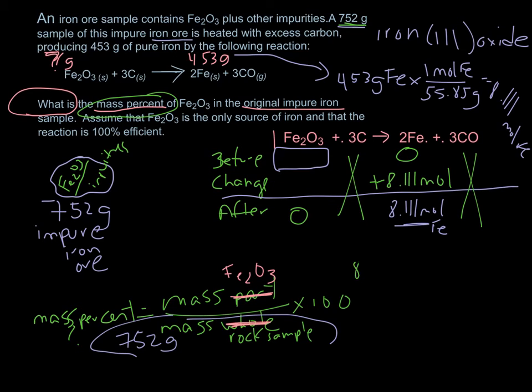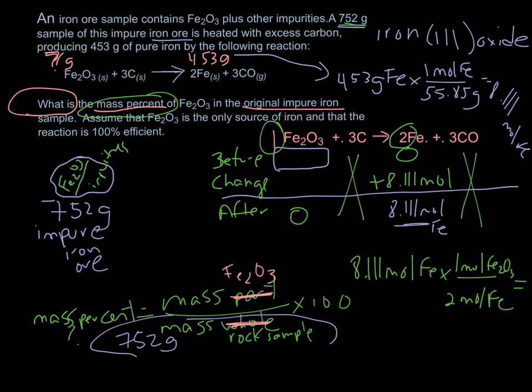We don't want to do it in our head. We can do it here. 8.11 moles of iron, multiply that by a molar ratio. For every 2 moles of iron that were created, 1 mole of iron oxide was used. And that ratio will allow me to figure out, if I divide 8.11 by 2, so that's what this is telling me, this multiplied by 1 divided by 2, I will find out that I had to use up 4.0555 moles of iron oxide.